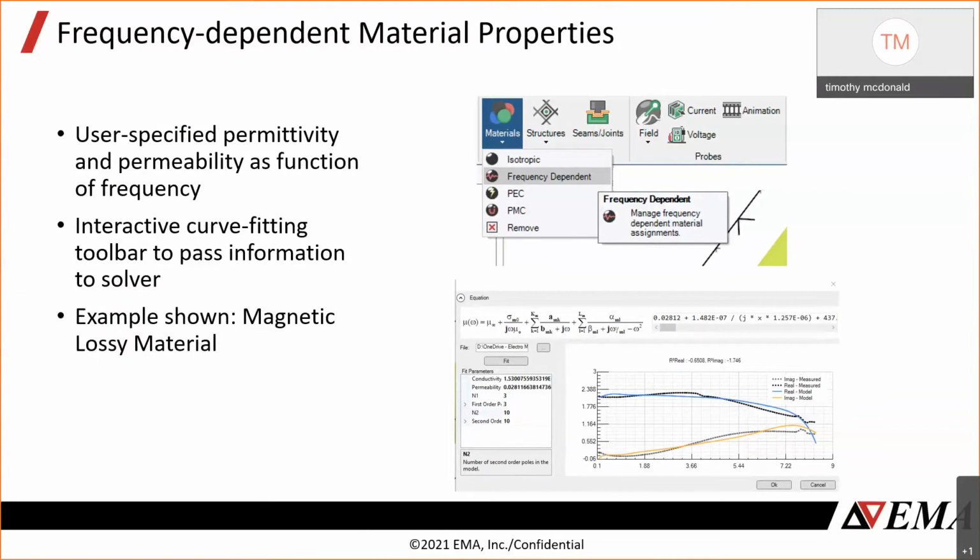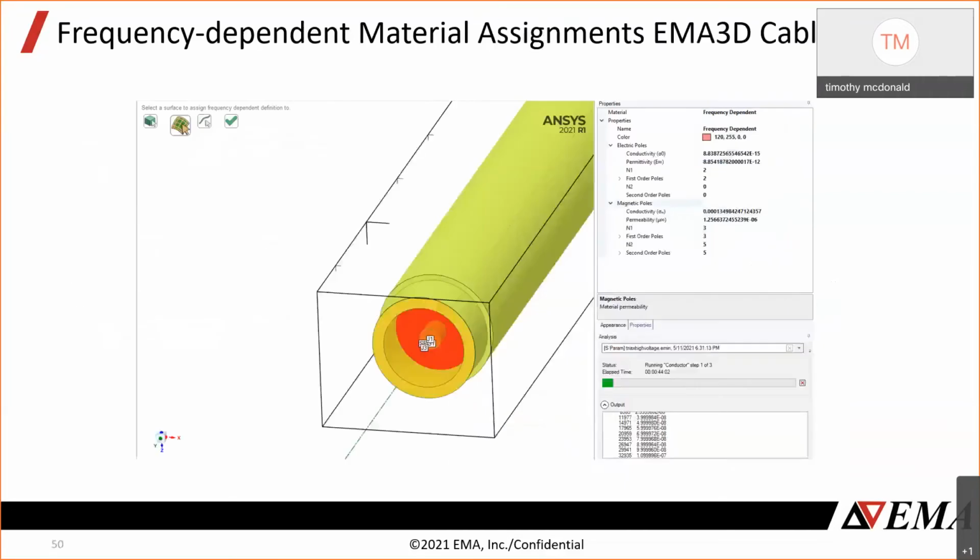And as long as the user has a frequency-dependent characterization of the permittivity and permeability versus frequency, then EMA3D can model that material, and it can be applied anywhere. One limitation, though, if you would like to use this, it needs to be applied full wave. So we can model cables full wave. We can model the cables with the wire simulation code, but those losses are not in the wire simulation code, they're in the 3D model. So we need to go full wave to capture those kind of effects that we're talking about.